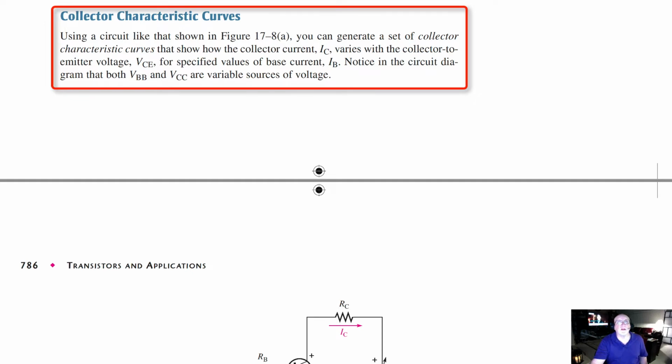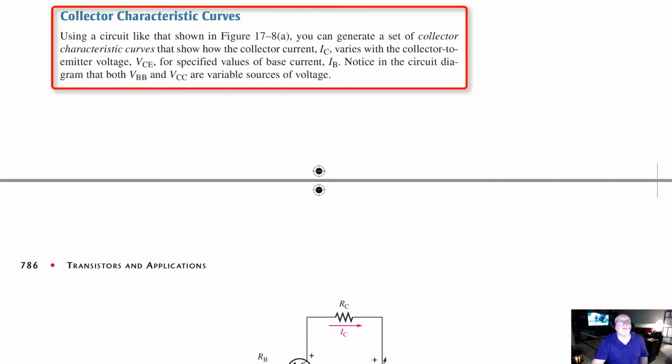Using a circuit like the one shown, you can generate a set of collector characteristic curves that show how the collector current I sub C varies with the collector to emitter voltage VCE for specified values of base current IB.